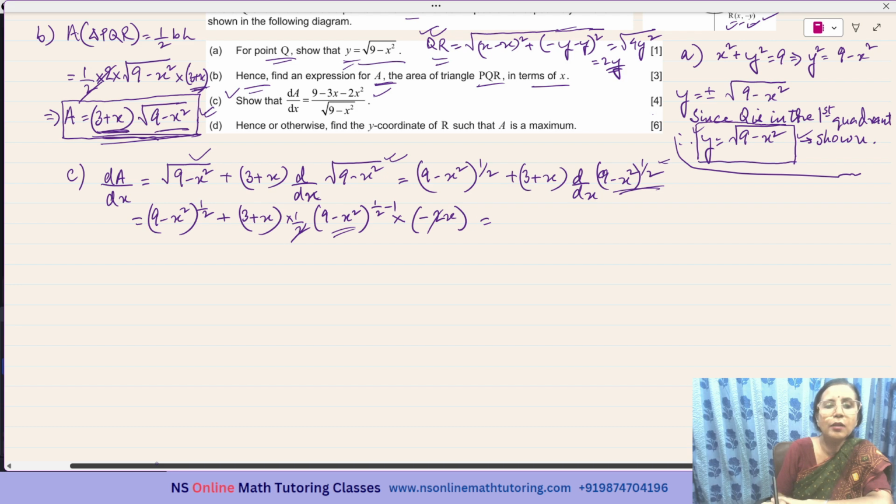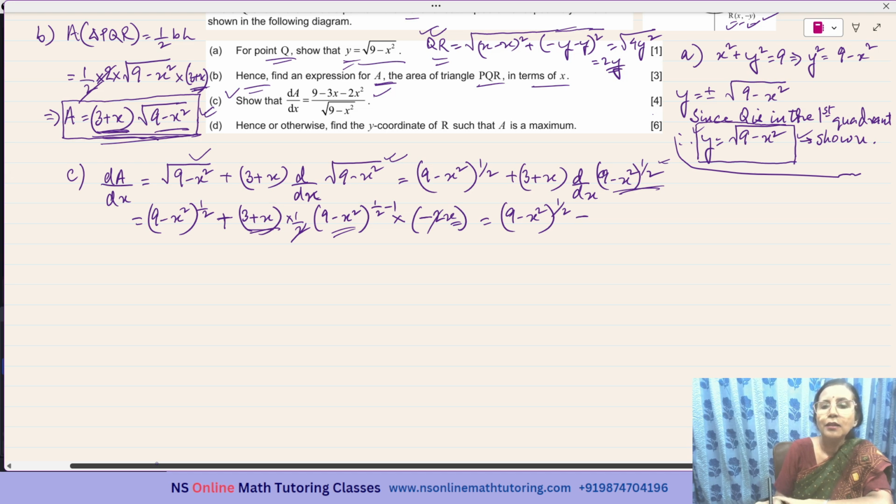So this is equal to 9 minus x square raised to the power of half, and I'm having x and this is 3 plus x, so I can just multiply them. And there is this minus sign, so I can write the minus sign over here. Plus times minus is minus, okay?